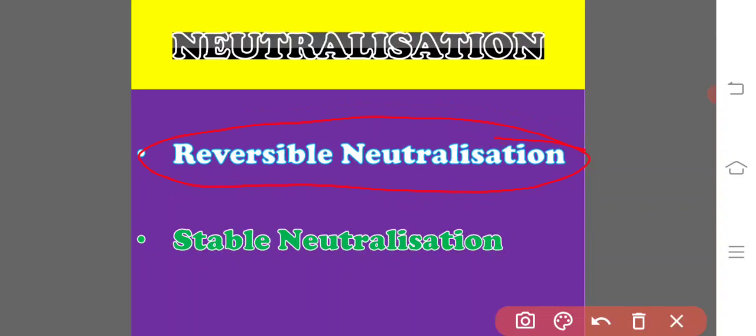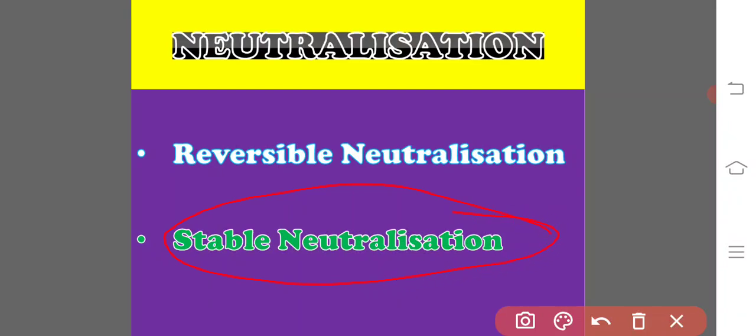It is thought that reversible neutralization is due to interference with attachment of virions to the cellular receptors. Example, the attachment of hemagglutinin protein of influenza viruses to sialic acid. The process requires the saturation of the surface of the virus with antibodies.